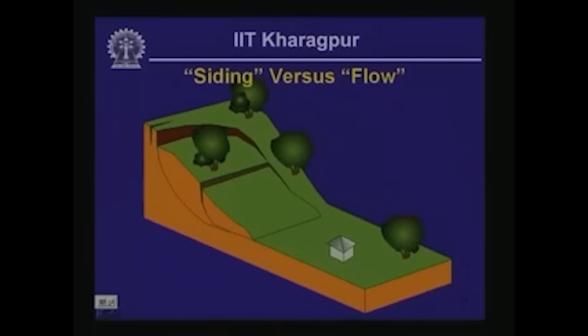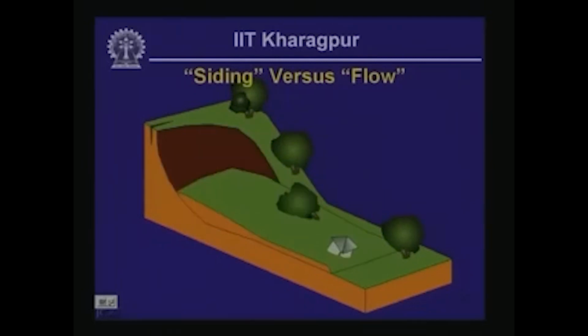In this case, typically the movement is relatively slower and does not proceed to a great distance, whereas in the case of flow, the soil becomes liquid like, or the failure mass becomes like a liquid, and you can realize liquid always tries to find a relatively flat surface. As a result, the slide is only going to stabilize after the surface has become extremely flat, a few degrees from horizontal.